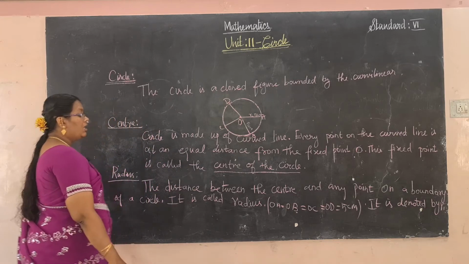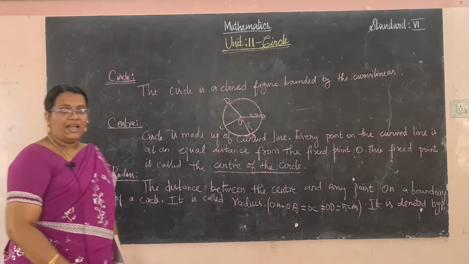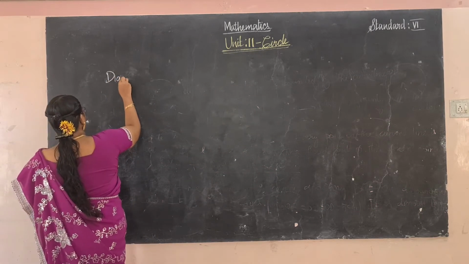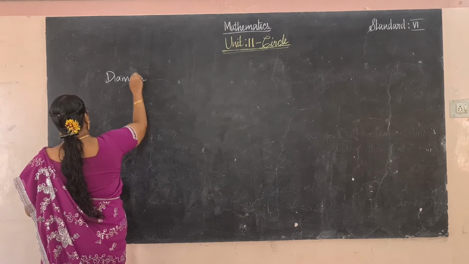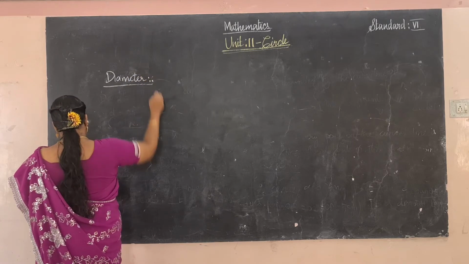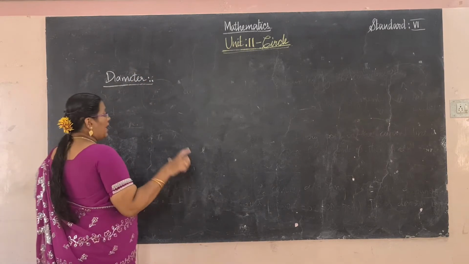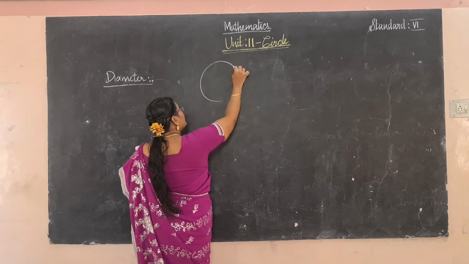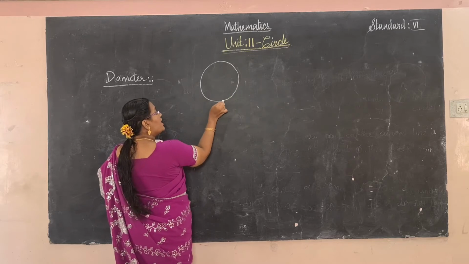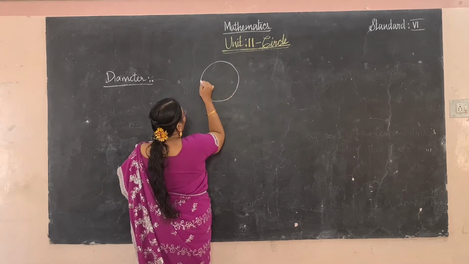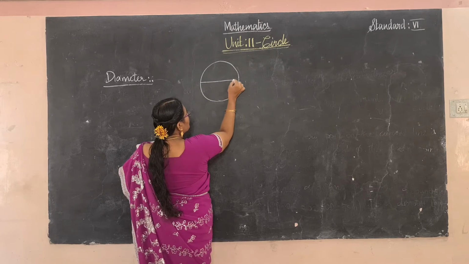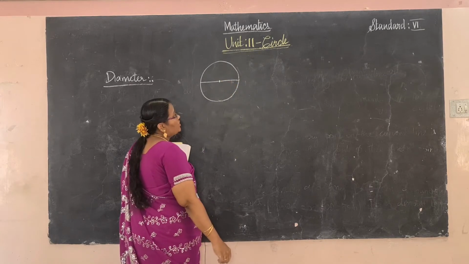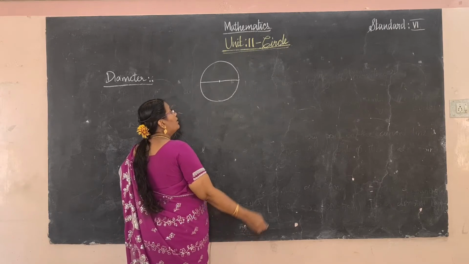Now move to the next concept, diameter. Diameter means a line segment whose two end points lie on the boundary, and it also passes through the center. That is called the diameter.